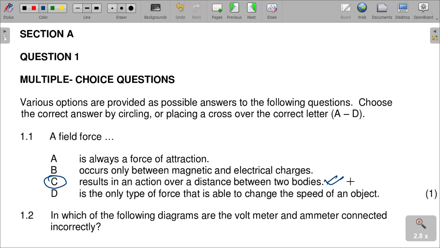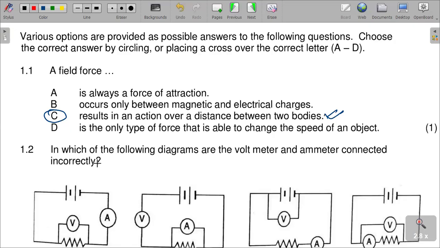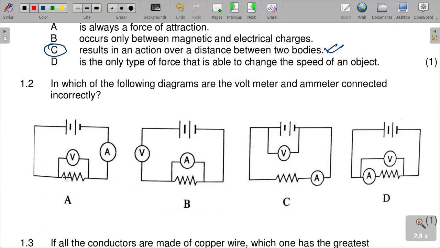And then question number two, I just want to change my pen quickly. Question number two: in which of the following diagrams are the voltmeter and ammeter connected incorrectly? I also remember we did electricity and current.